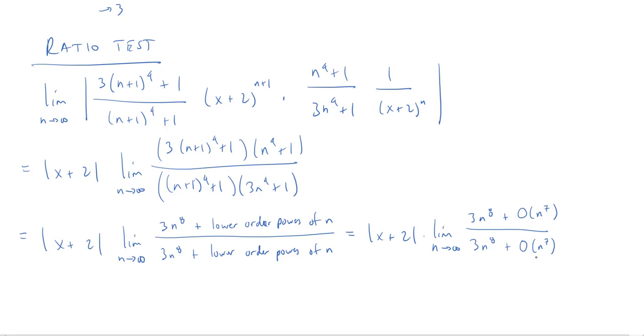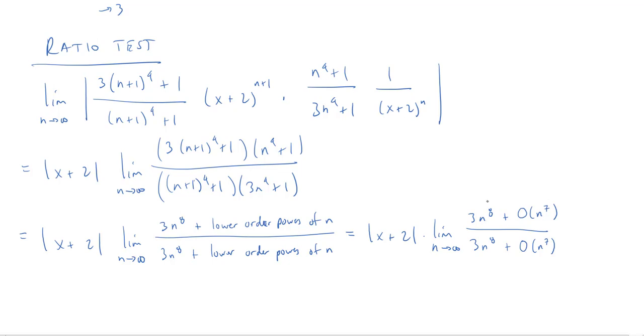For our purposes, we can factor out an n to the 8th from everything, and anything which grows no bigger than n to the 7th is going to go to 0 when you divide by n to the 8th. Just like if you took n to the 7th and divided by n to the 8th, you get 1 over n. As n goes to infinity, that limit will be 0.